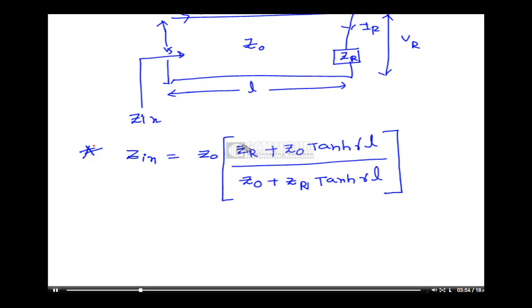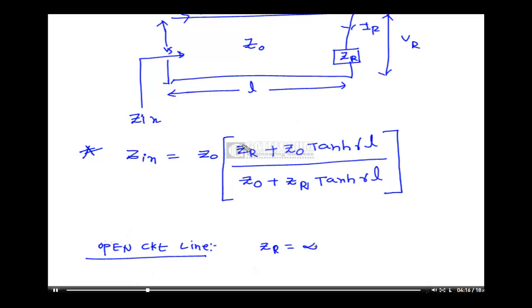Now I am considering different cases. Suppose an open circuit line. That means the load end is open. So what is the impedance value? Infinite.